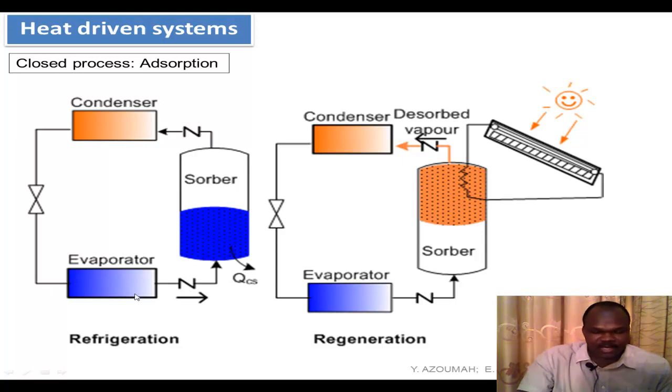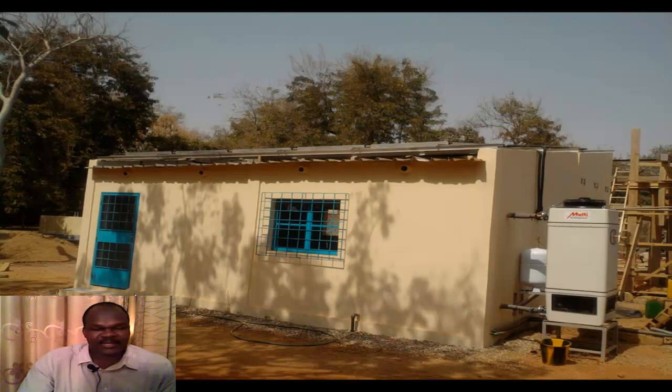Okay, I'll show you a picture that is in Ouagadougou at Touaï, where my colleague Yawazuma is, where the adsorption system is being used to cool a building. This is the building.